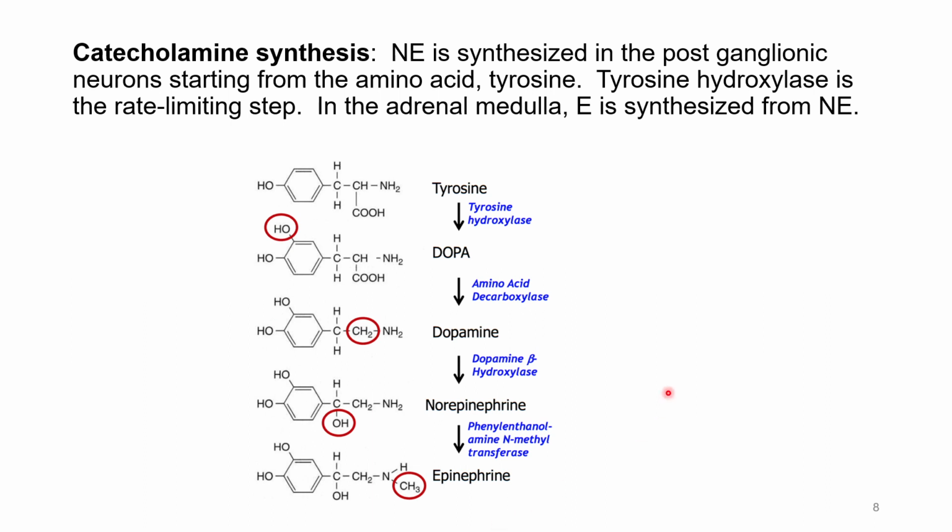Okay, so in the nerve terminal of the sympathetic postganglionic neurons, there's no epinephrine. You have norepinephrine, but not epinephrine. The epinephrine gets synthesized in the adrenal medulla. So again, that epinephrine that's circulating in your bloodstream during the fight or flight response, that's coming from your adrenal gland.